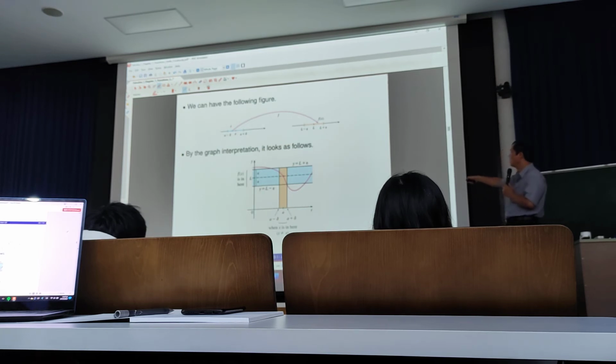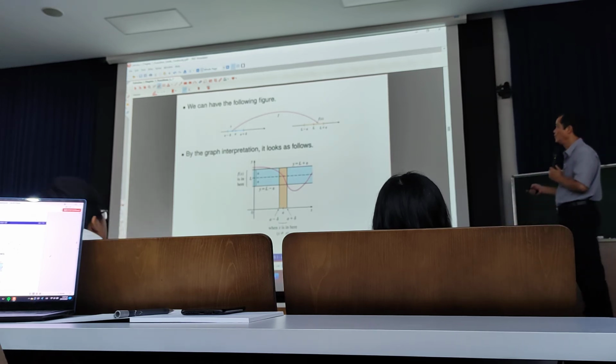By the graph here, you can also see that for any epsilon the first player gives, you have the strip L plus epsilon, L minus epsilon. And the second player has to find some delta neighborhood of A, so that for all x here, you have the graph inside the strip. That's the thing we have to do.